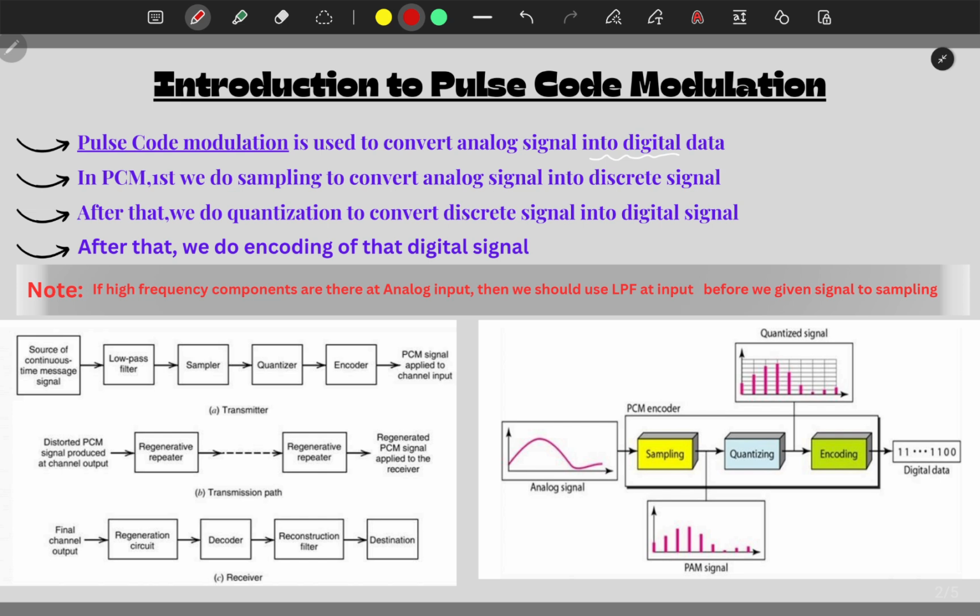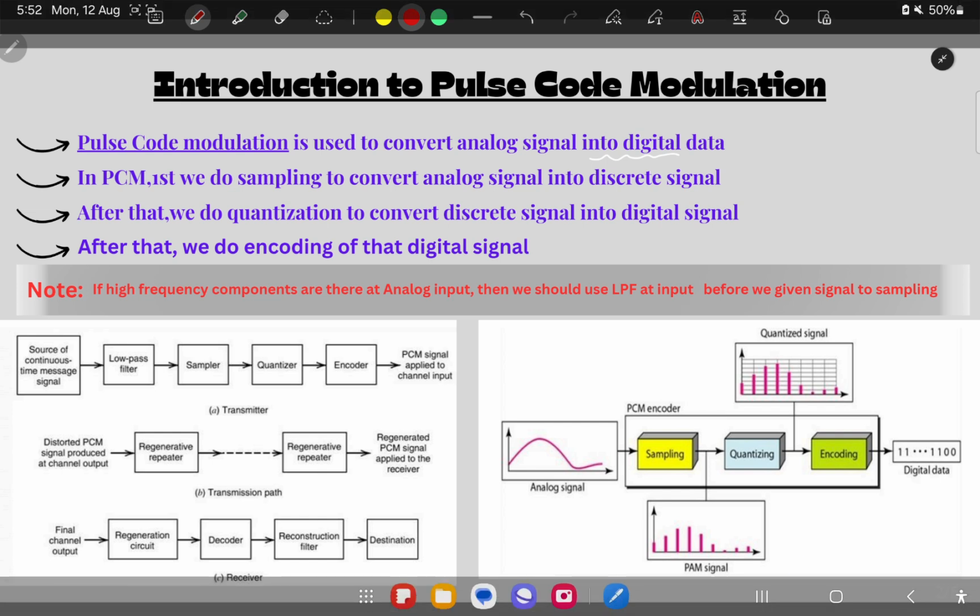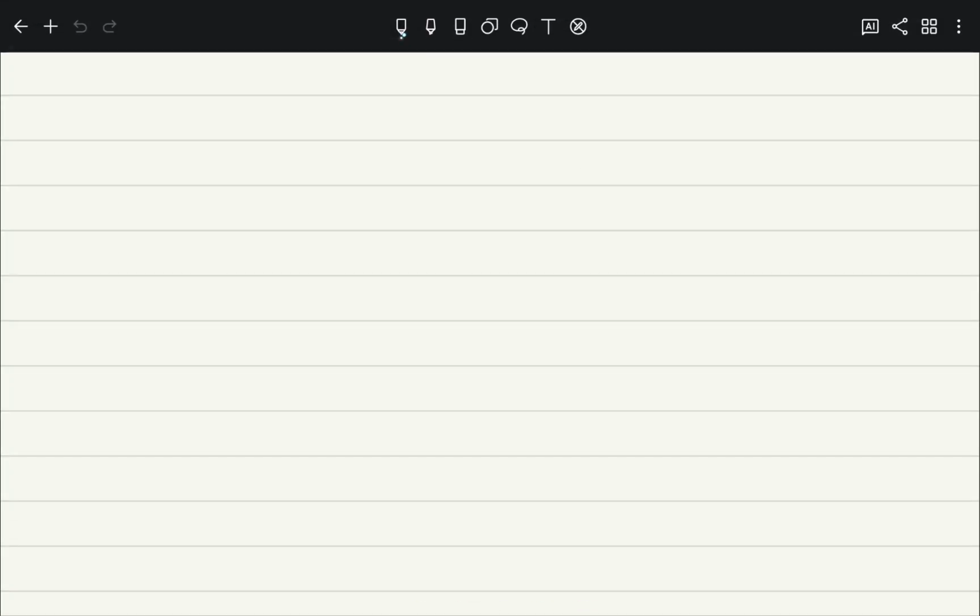What does it basically mean? It means if we have an analog signal, maybe just like this, and here is the amplitude and it is the time.